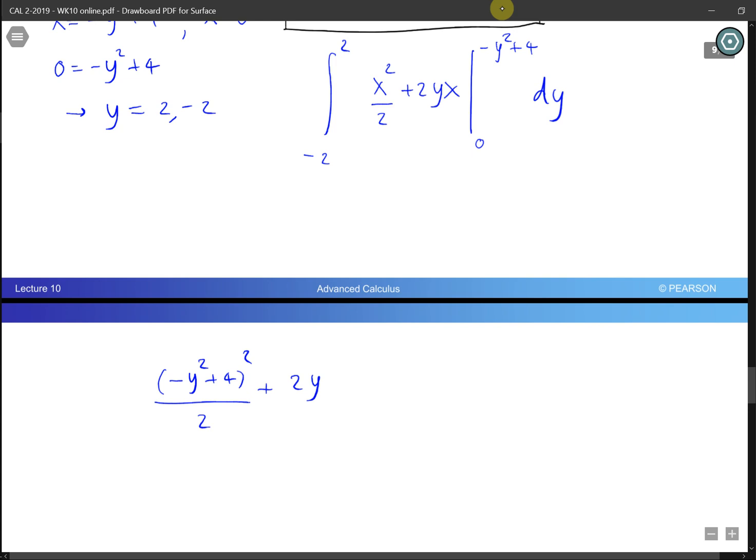So substitute that in, minus y squared plus 4. Okay, that's the first term, and the next term is, well, 0 goes in as x, and we have 0 here and plus 0, so nothing. So integrate that with respect to y from minus 2 to 2.